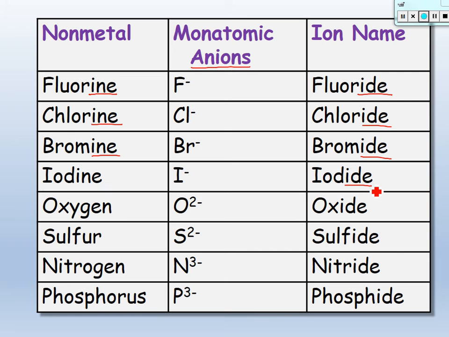Oxygen's kind of a funny one, so let's go through that one. Oxygen gets changed to what? Oxide. Okay, and then sulfur gets changed to sulfide, nitrogen to nitride, phosphorus to phosphide. So on all of these, you'll notice we just change the suffix to IDE. So if it's above the staircase, we change its suffix to IDE.